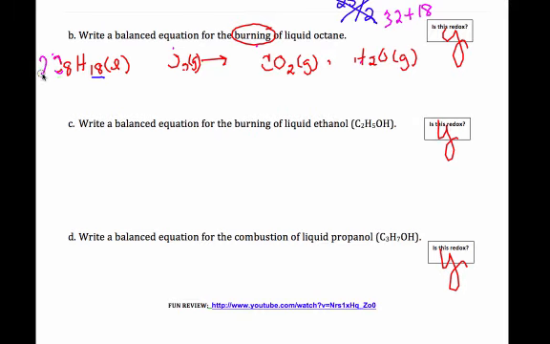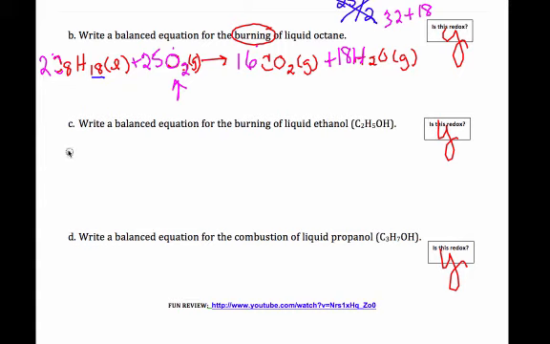So I need a 2 there, and that means I need 16 here. And I had a 25 here, and I need an 18 there. Okay, so that's balanced. So if you end up with an even-odd issue with the diatomic, go back and double your other coefficients and then recount fresh.